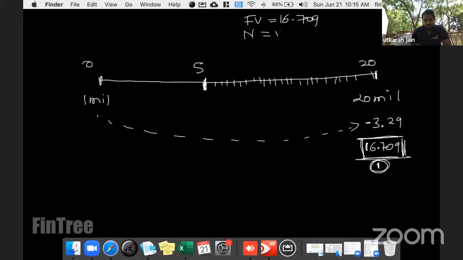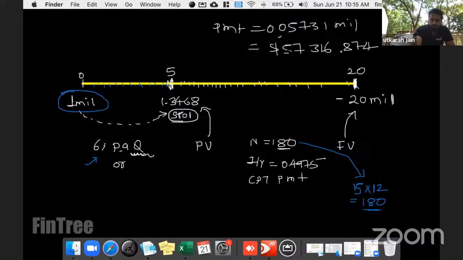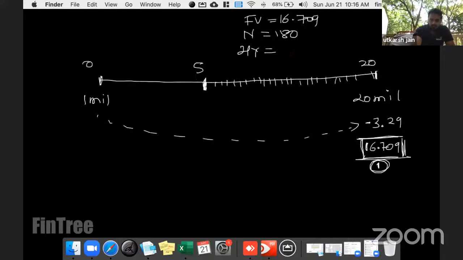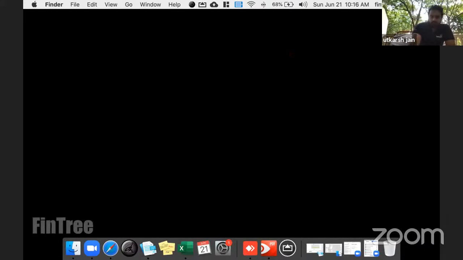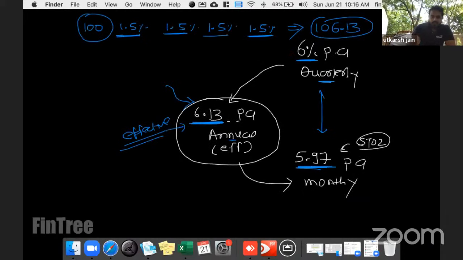My N is going to be 180. My IY is going to be that monthly rate. What was that monthly rate? Now here I cannot use quarterly rate. I have to use monthly because I'm dealing with payment. I hope this is making sense. So monthly rate was 5.97 divided by 12.